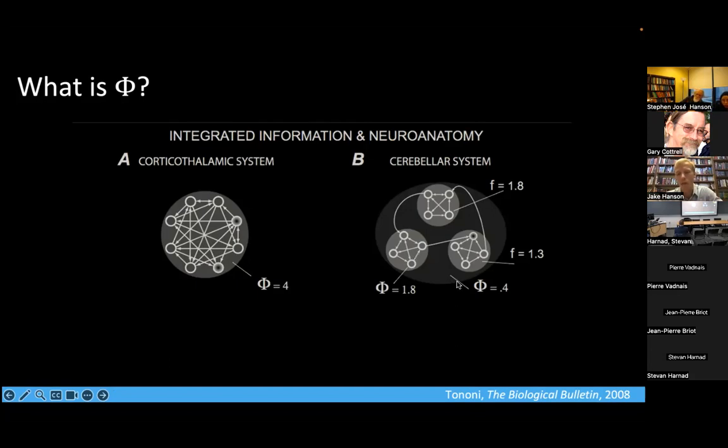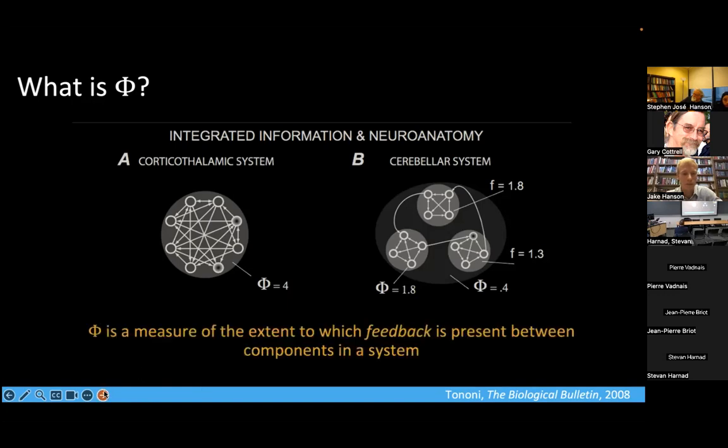And then between complexes, you have phi equals 0.4. So you're basically trying to measure how integrated and how sparsely separated things are. And so to do that, you're trying to measure the feedback connection. So phi is a measure of the extent to which feedback is present between components in a system. So I'll keep returning to this because the important thing here is that you're really measuring feedback.